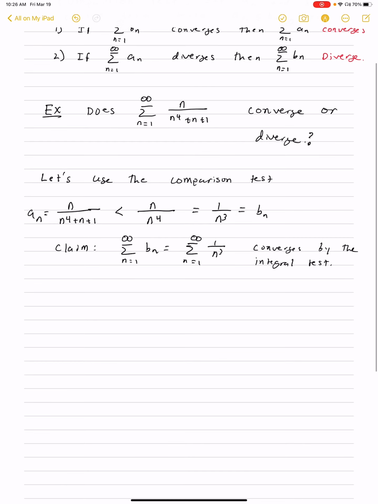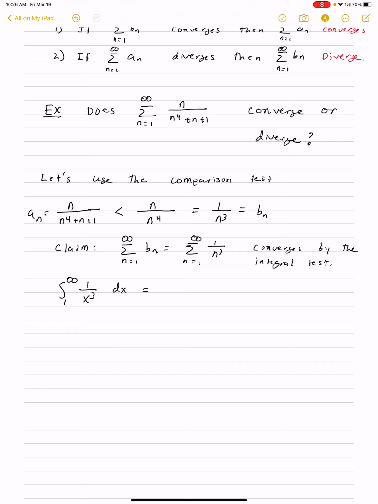Okay, and we'll just do that. This series, the sum from 1 to infinity of 1 over n cubed, converges or diverges with this integral.